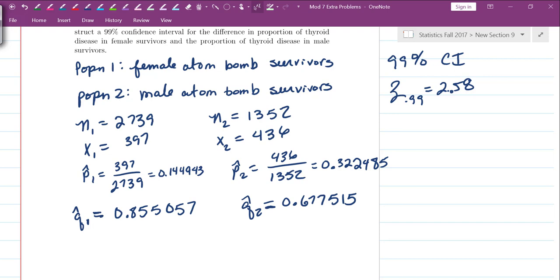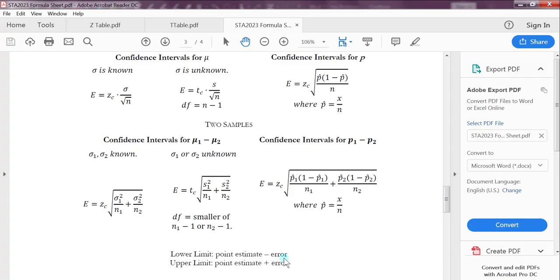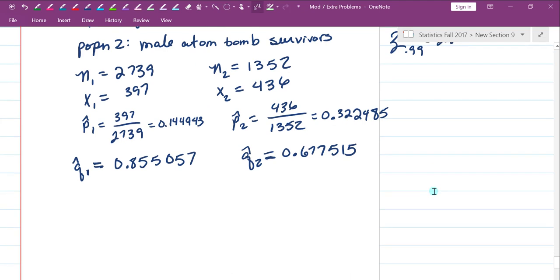Let's go find our formula. We're going to come over here to our formula sheet, and this is the formula that we're going to be using. We're going to take p hat 1, subtract p hat 2, then add and subtract to it the square root of p1 q1 divided by n1 plus p2 q2 divided by n2. So let me write down our formula real quick.